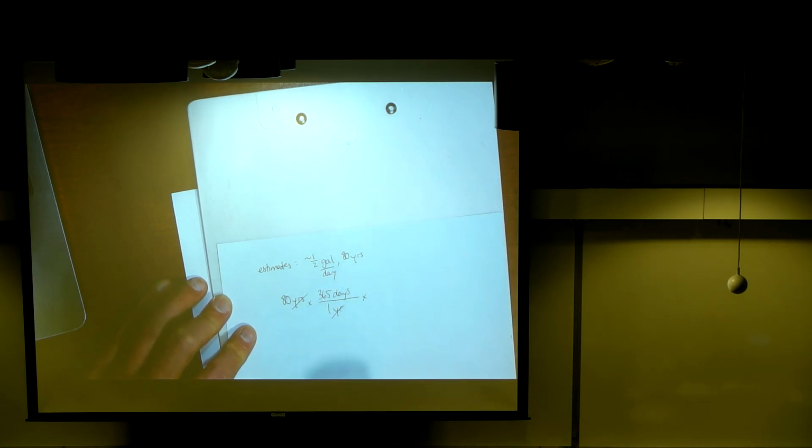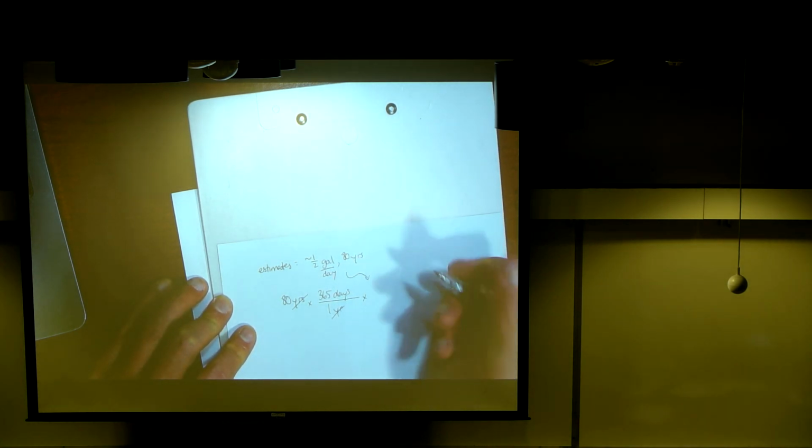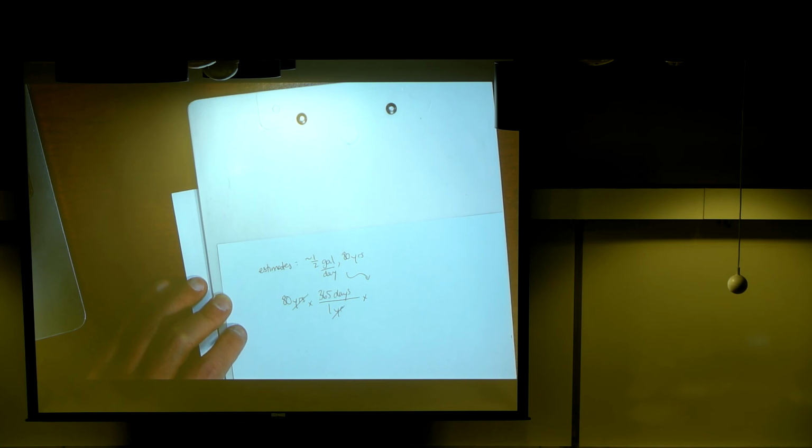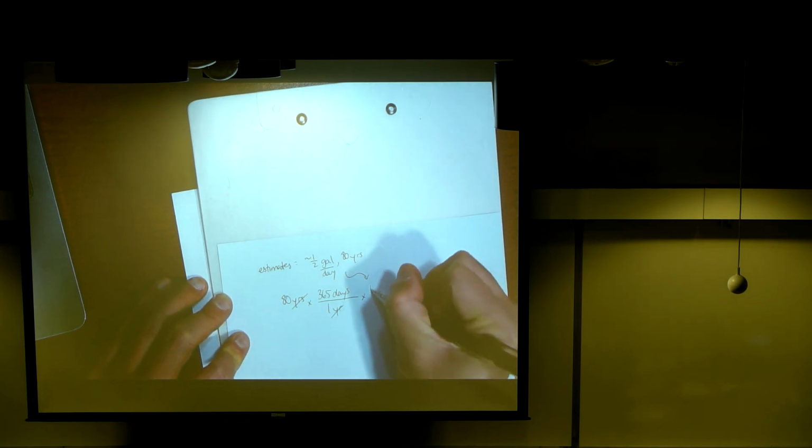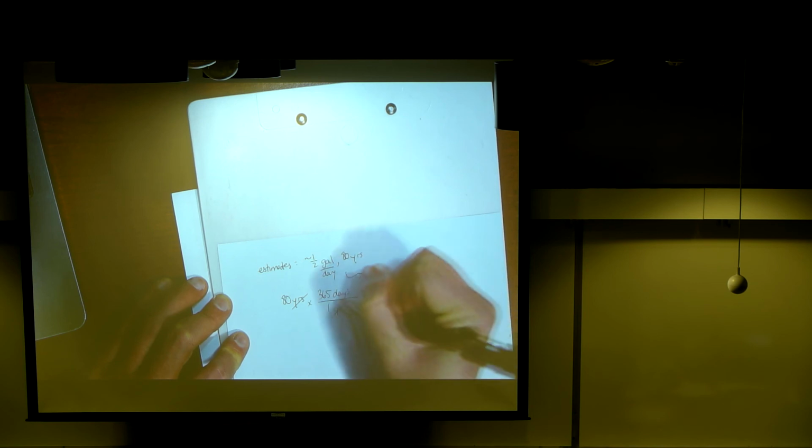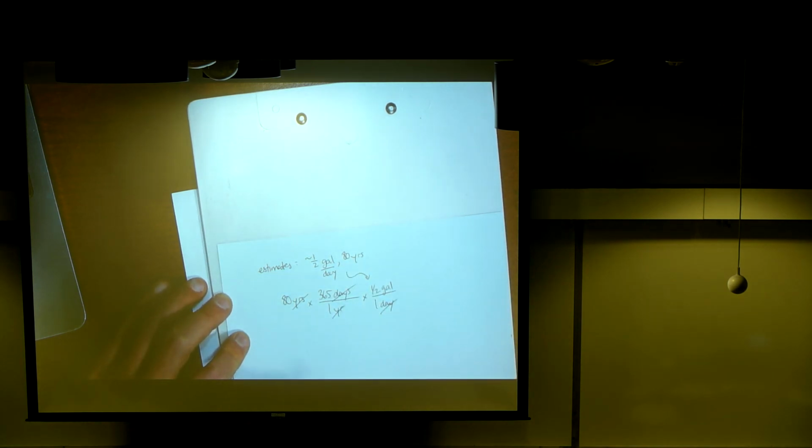Then the next conversion factor is what I estimated over here, which is how many gallons of water per day. So I'm going to have half a gallon of water on top, 1 day on the bottom, and then cancel that as well. That's how I'm thinking about this as a unit conversion. So just do 80 times 365 times a half, and what does that work out to?